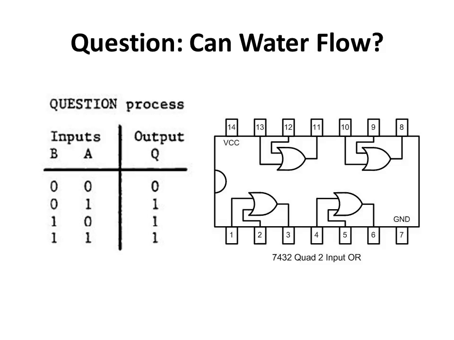And take a look at the inputs and outputs. If both valves are closed, then we have an output of logic 0, which means no water will flow. But if either or both valves B and A are open, then we'll have flow. So how do you ask this question?